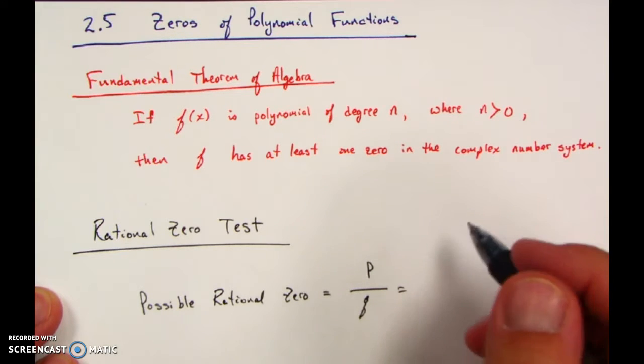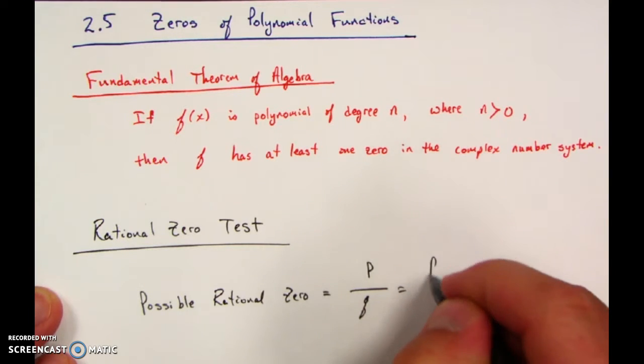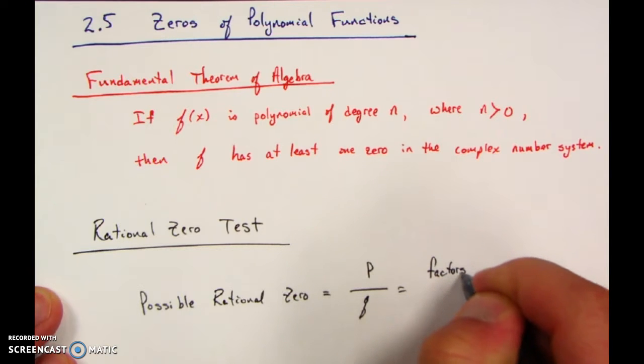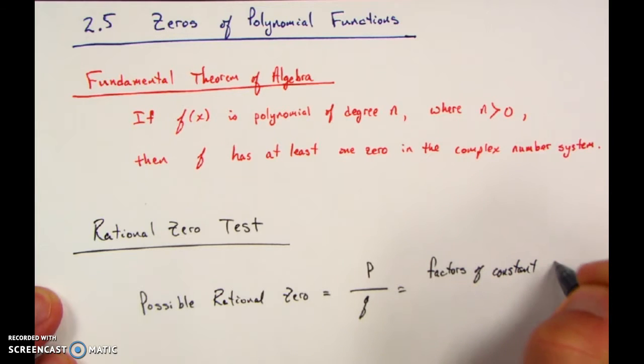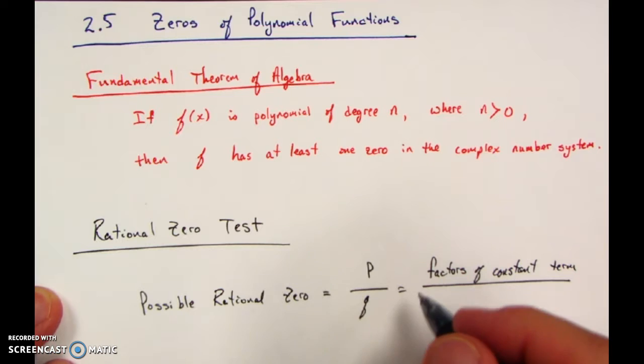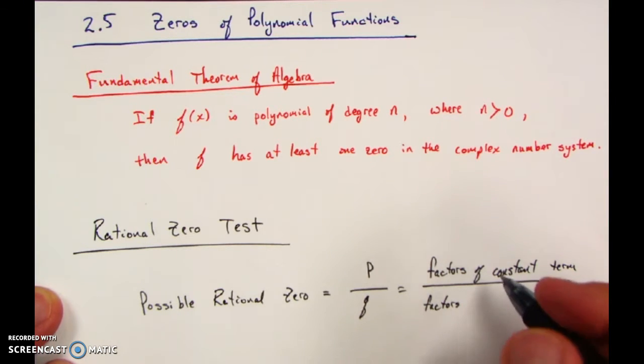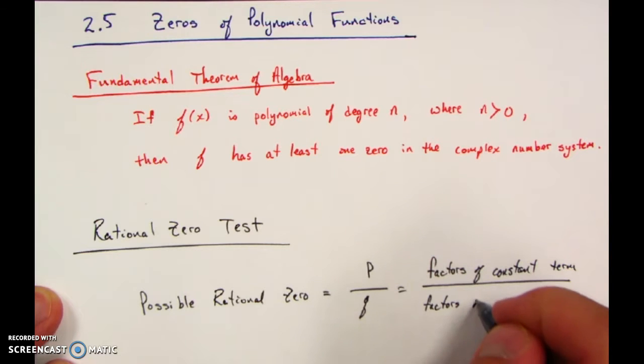Now, p are the factors of our constant term, and our q are the factors of the leading coefficient.